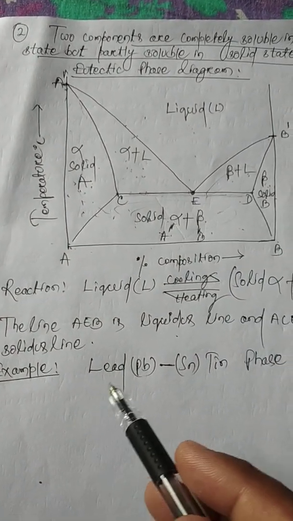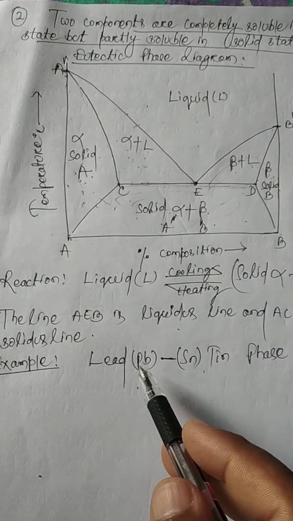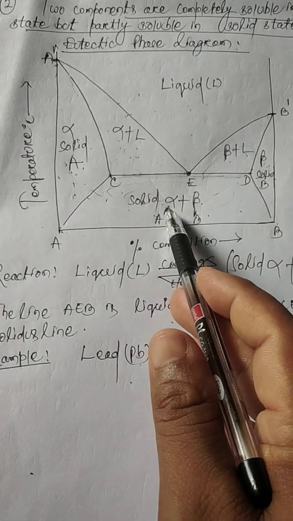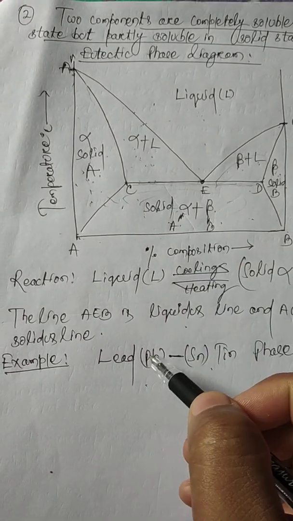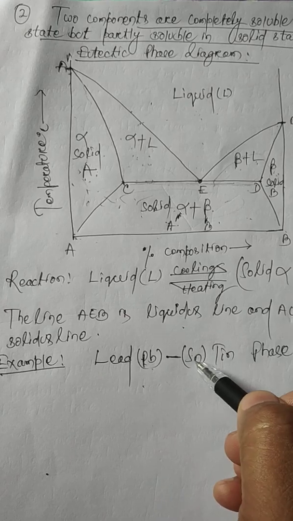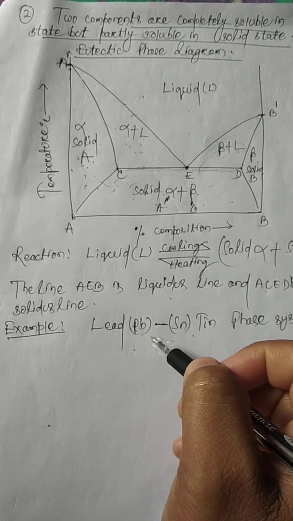Next part, I will give you the example of lead and tin. This is an example of a eutectic system, where both components, lead and tin, are partially soluble. Okay.